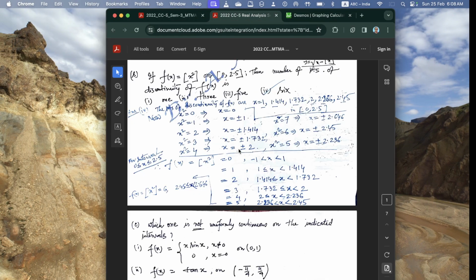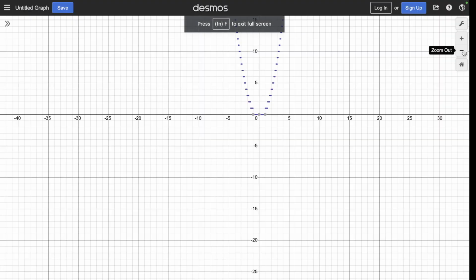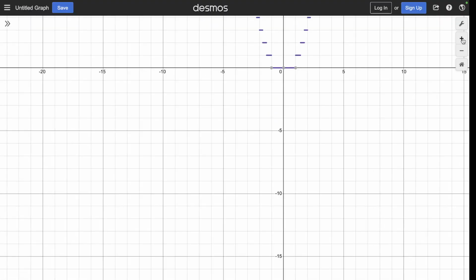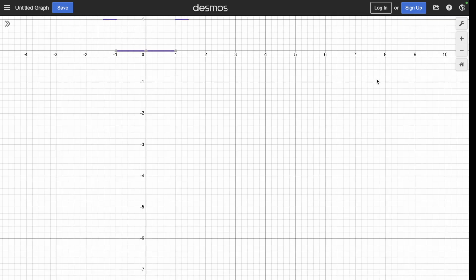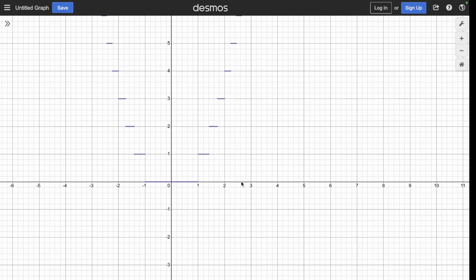So for this, we get for the closed interval 0 to 2.5. So 2.5 is here. So this point 1 is a discontinuity, this point 1.4, 1.7, and so on: 1, 2, 3, 4, 5, and 6.